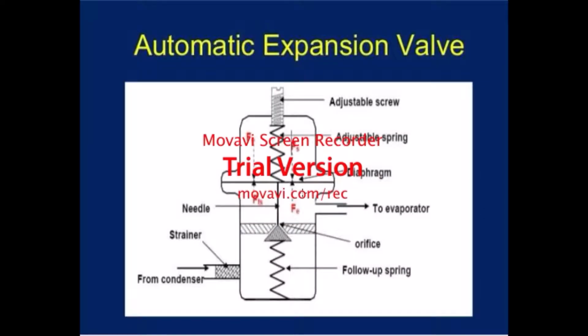So this one is for controlling the pressure. If the pressure increases, we'll close the supply of refrigerant. So that's why the flow into the evaporator will be controlled. We can control the flow rate.